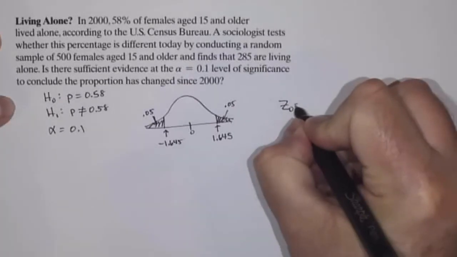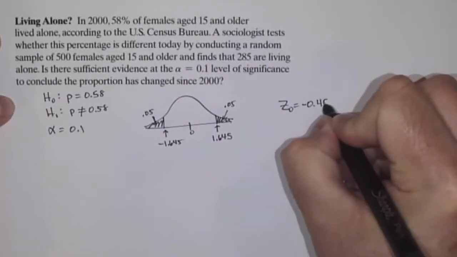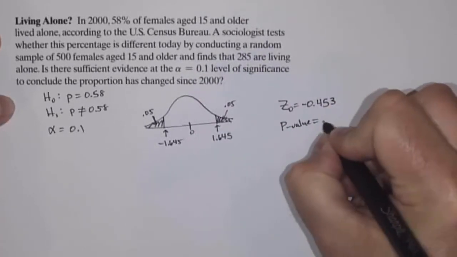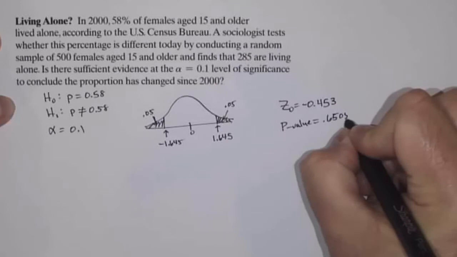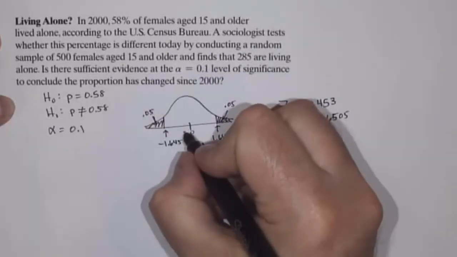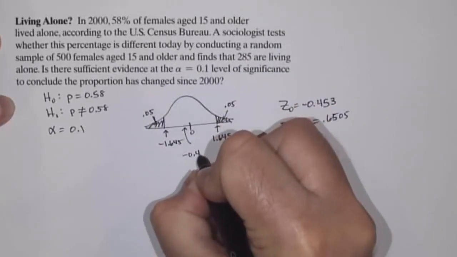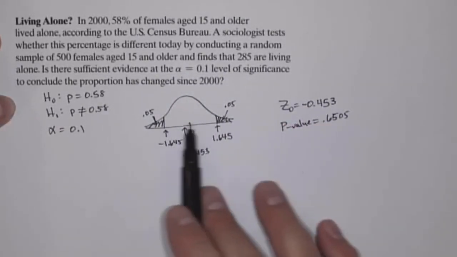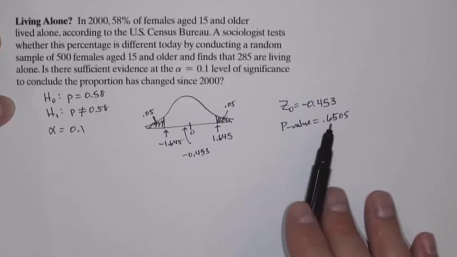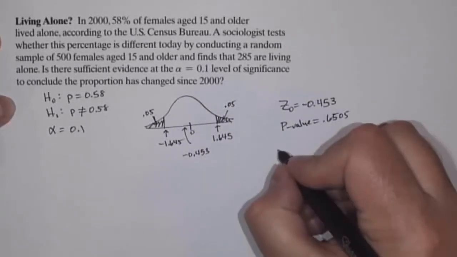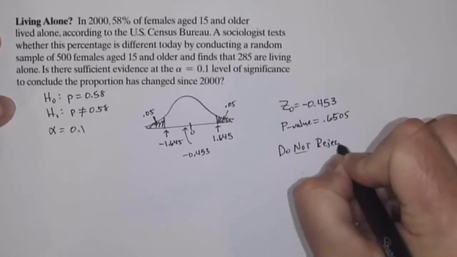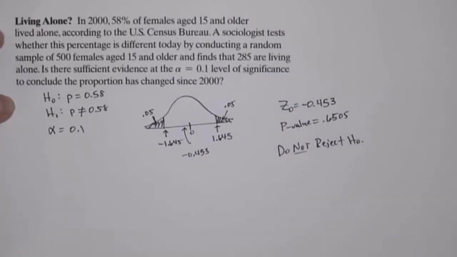So z0 equals negative 0.453 and the p-value is 0.6505. Again, negative 0.453 would be around here, not in the rejection area, so we do not reject. The p-value is bigger than alpha, so we do not reject. So our conclusion is do not reject H0.